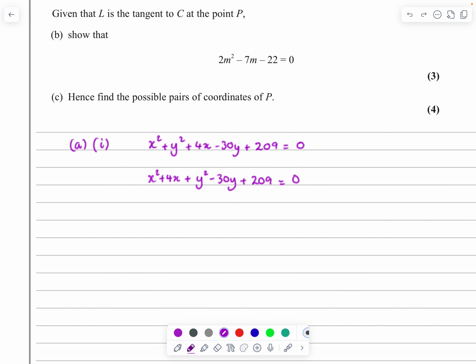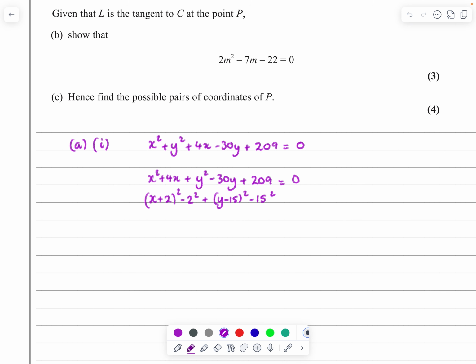You'll have your own method for completing the square. I don't want to particularly confuse you with it. It's IGCSE. For me, I take the 4 and I half it, so I get x plus 2 squared. That gives me 2 squared too much, so I have to subtract that. Same idea with the y. Halving minus 30 is minus 15, so I've got y minus 15 squared, but that would give me 15 squared too many.